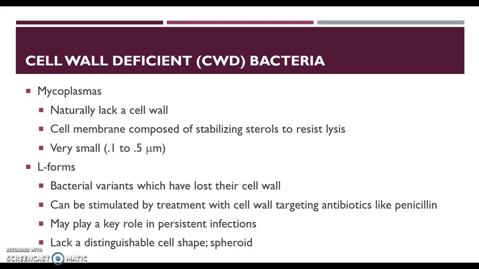These L forms, scientists believe, may play a key role in persistent infections that continue and seem to resist treatment. These L forms lack a distinguishable cell shape, so we can't say that they are bacillus or cocci. They're generally described as spheroid.